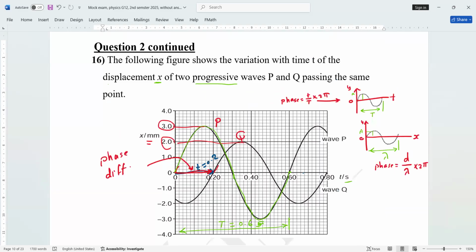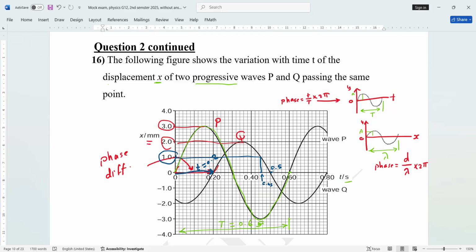This point is 0.5, then 0.45 is at the middle here. Okay, now we draw a perpendicular at this point, 0.45 seconds. And then we find the amplitude, which is 1 millimeter.